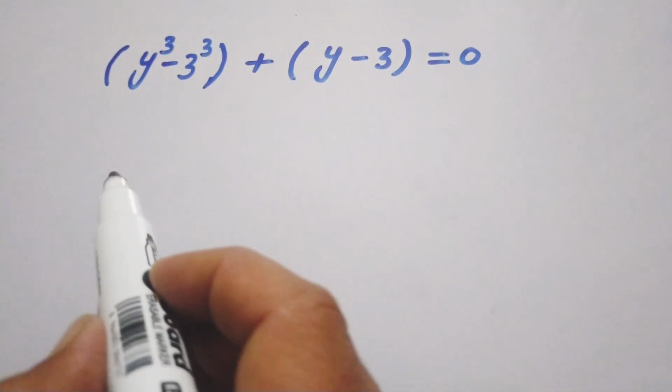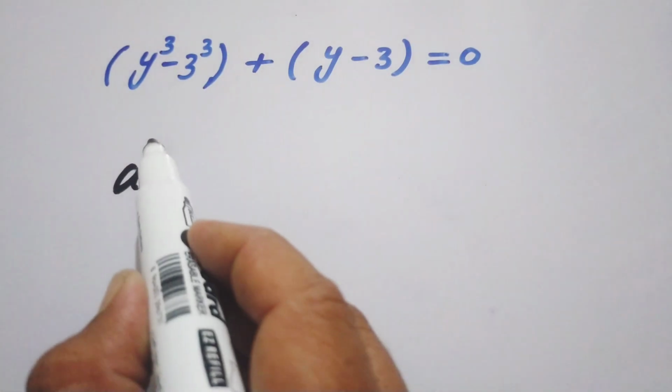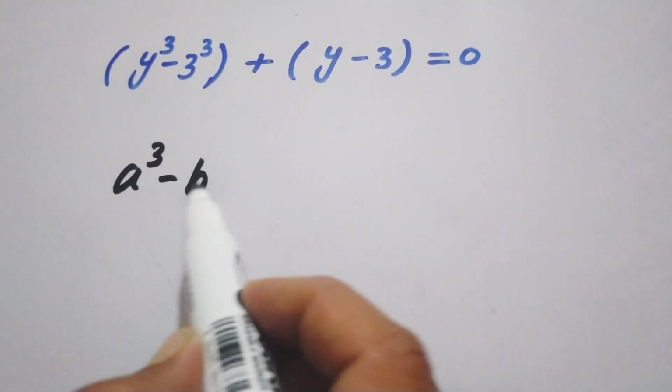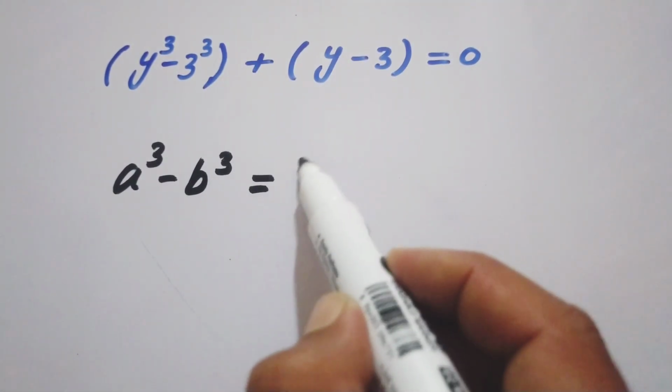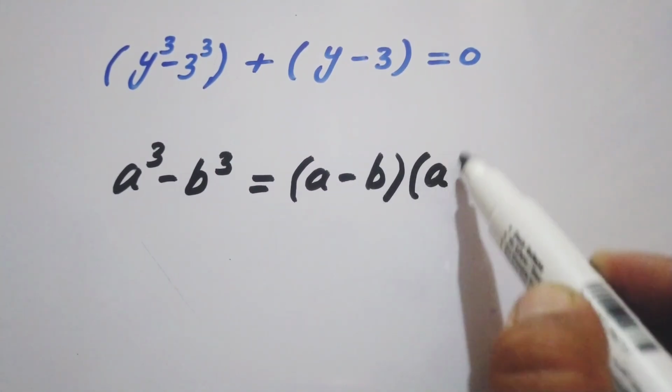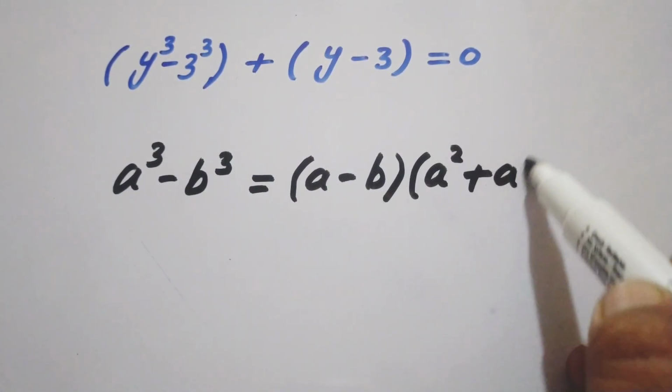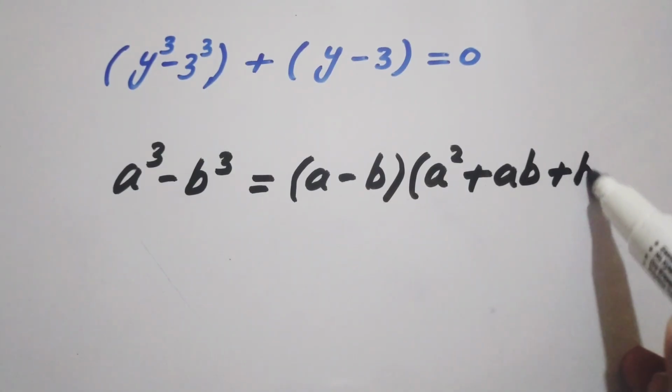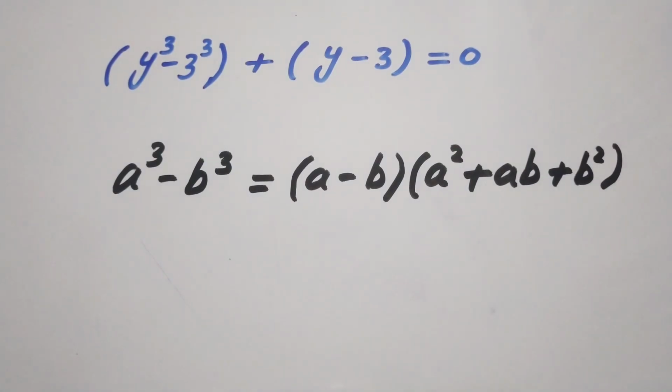Now by using an algebraic identity that a cube minus b cube is equal to a minus b into a squared plus ab plus b squared. Here we have the value of a is y and b is 3.